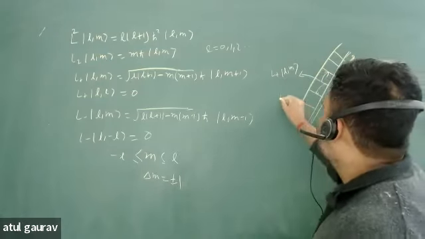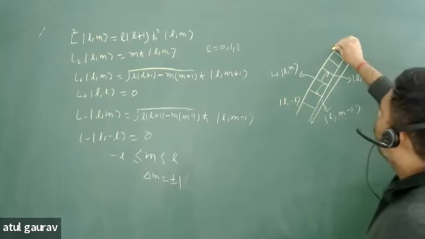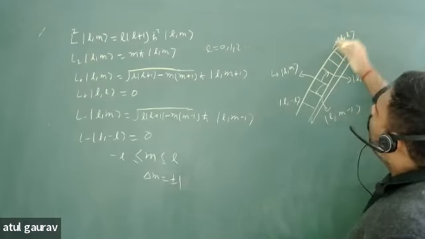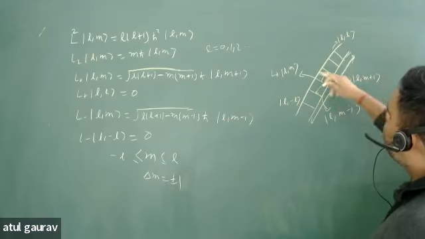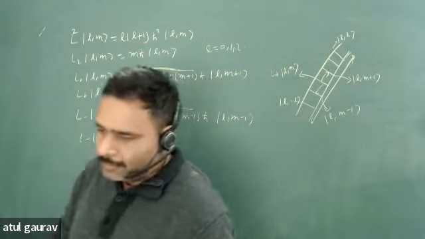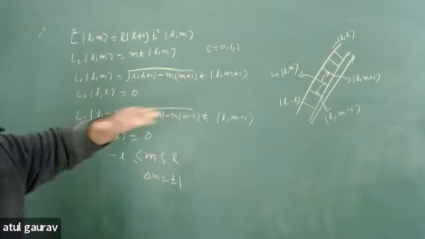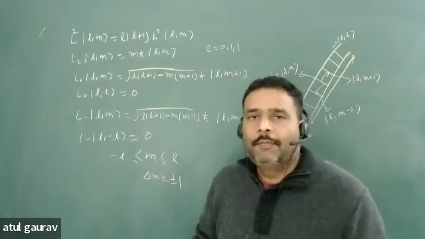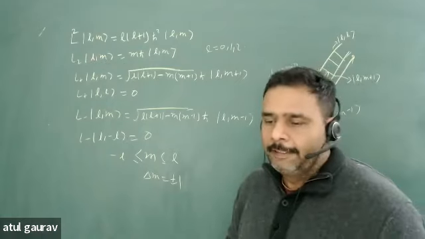So this value is minus L, and the maximum value is plus L. You cannot go beyond that. How many steps there are depends on the length. If your length is higher, you have a higher number of steps; if lower, fewer steps. So here the degeneracy comes into the picture.